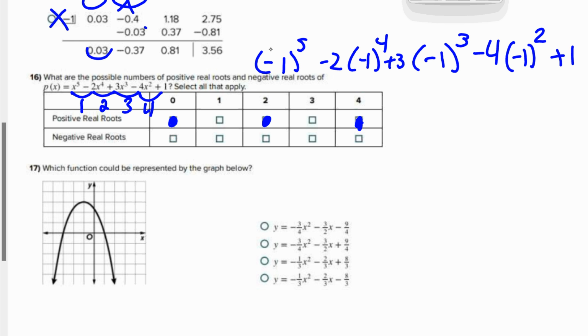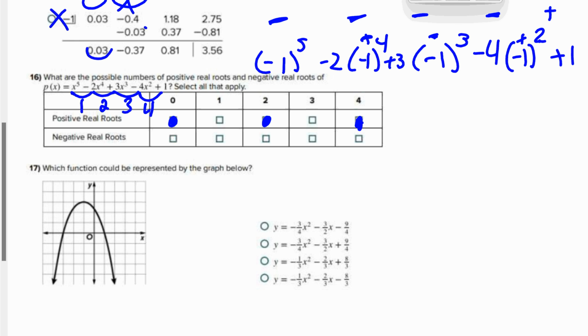So I can recheck these. That becomes just a negative. Negative cubed is a negative, but times a positive is a negative. Negative squared is a positive. Positive times a negative is a negative, and then we have our constant, so that's a plus 1.